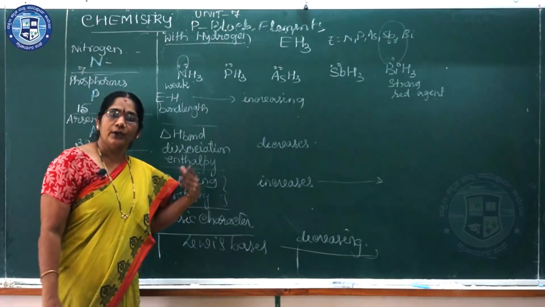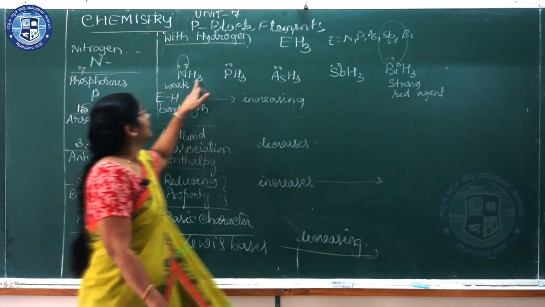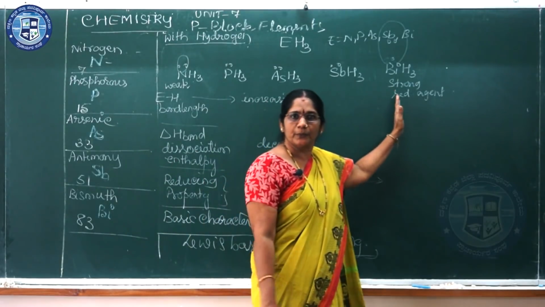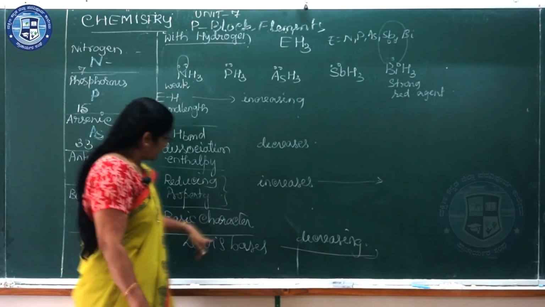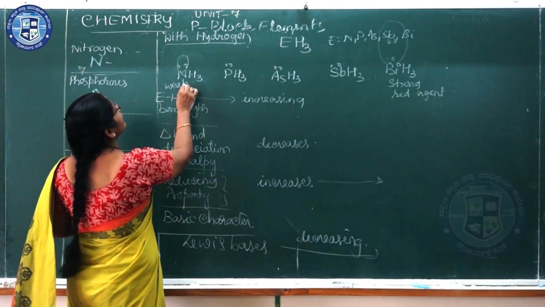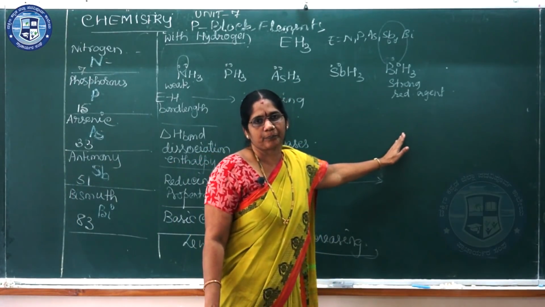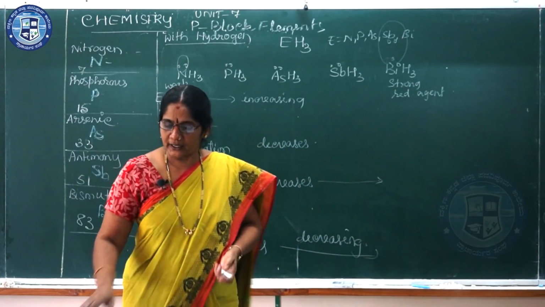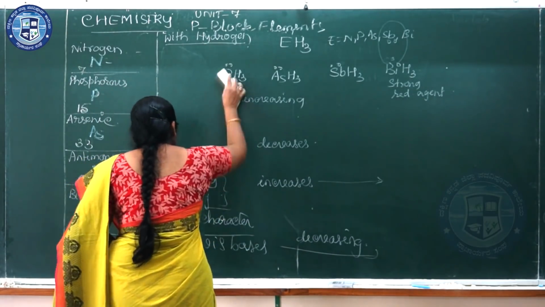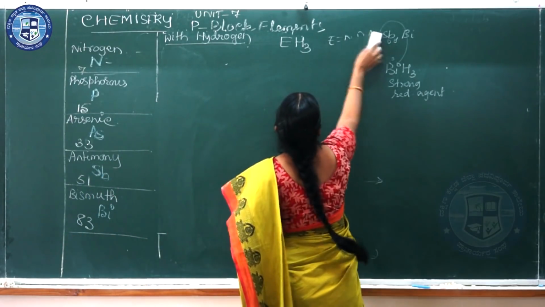So the electron donating capacity is less in bismuthine compared to ammonia. Therefore, ammonia is a strong base and bismuthine is a weak base. So these are some of the observed properties of the hydrides of these elements.